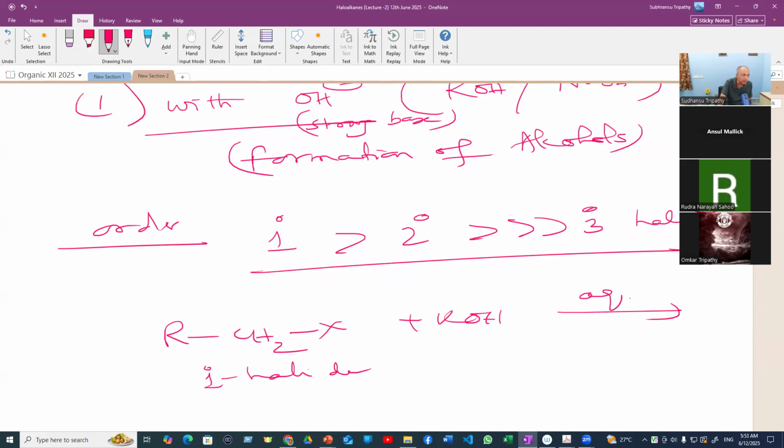Usually, as I told you, in the NCERT book you will find aqueous KOH means it is substitution. Alcoholic KOH means it is elimination. So this is a misnomer. Only aqueous KOH will not mix with the organic compound.